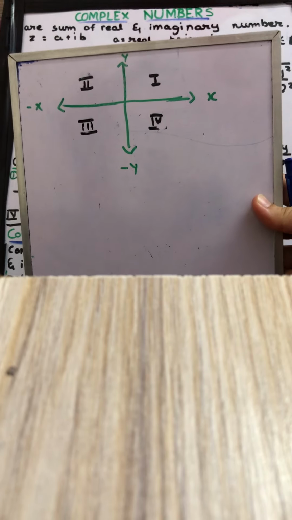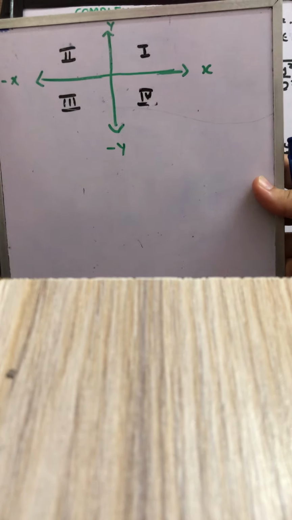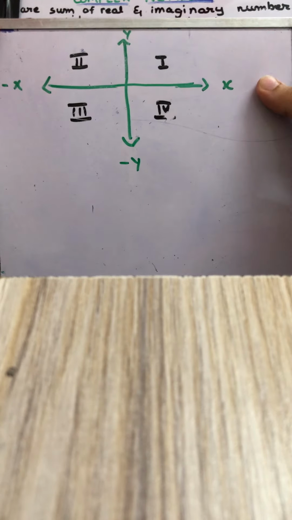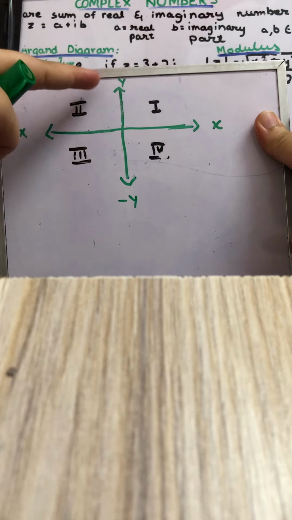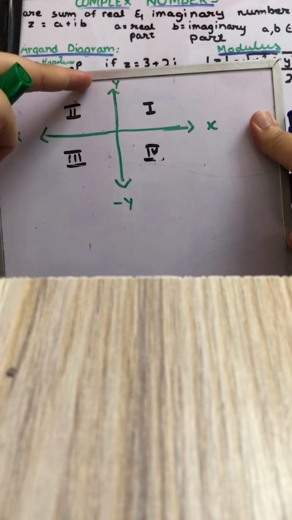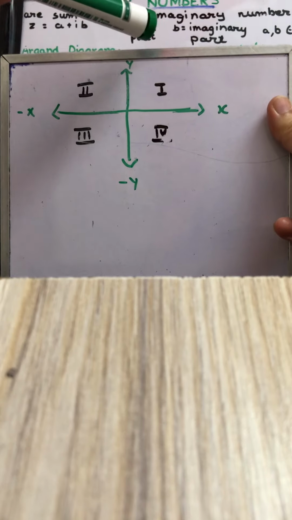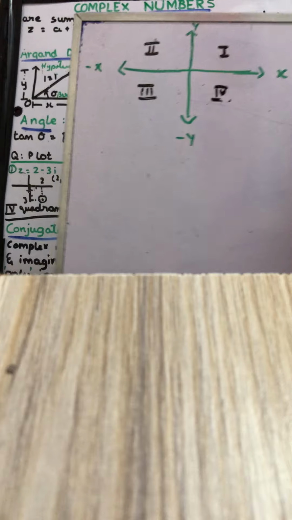First quadrant, second quadrant, third quadrant, and fourth quadrant. The vertical line is called the y-axis, while the horizontal line is called the x-axis. As you can see, this side is positive x-axis, while this is negative, and the y-axis above the line is positive, while below the line is negative. So now you should remember the first quadrant, second quadrant, third quadrant, and fourth quadrant.